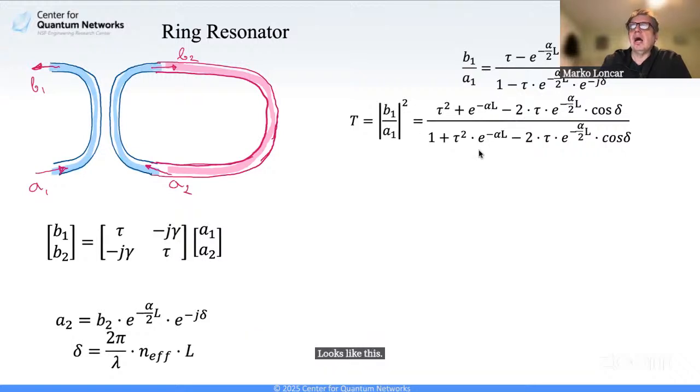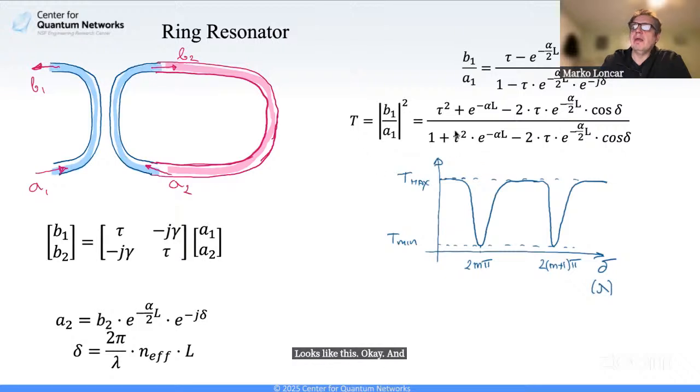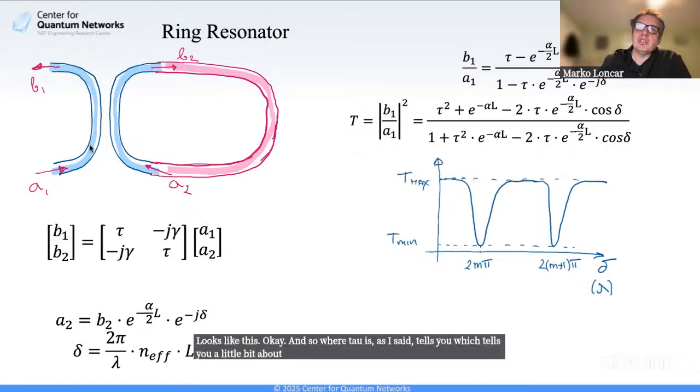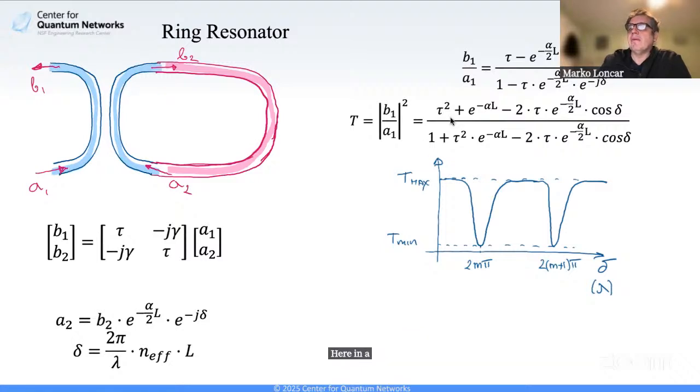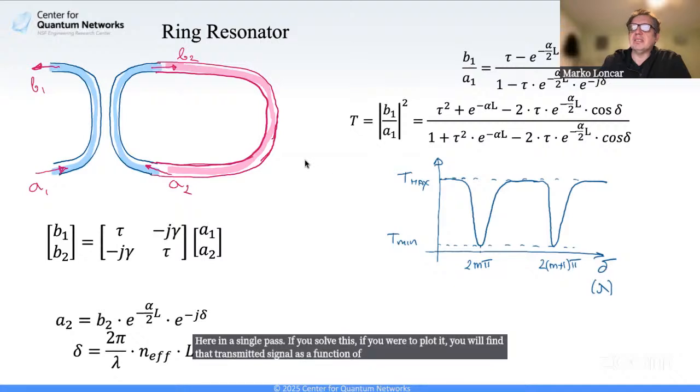Okay. And so tau, as I said, tells you a little bit about the design of this coupler, how much light goes through in a single pass, and gamma, how much light crosses over in a single pass. If you solve this and plot the transmitted signal as a function of phase delta, which is the phase the light acquires, it looks a little bit like this.